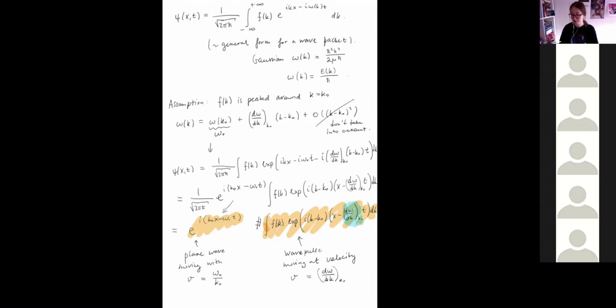It's like x minus some velocity times t. We can even write this wave pulse as a wave pulse of x minus vt.